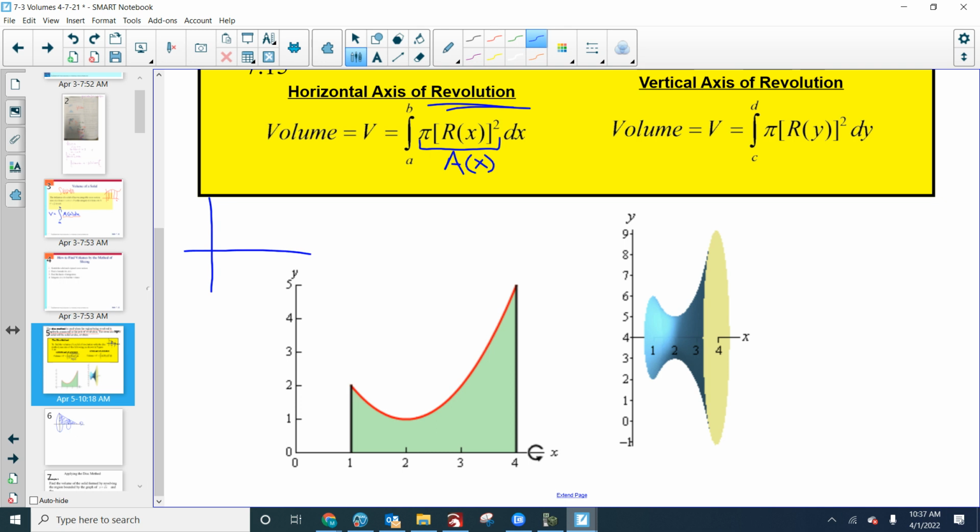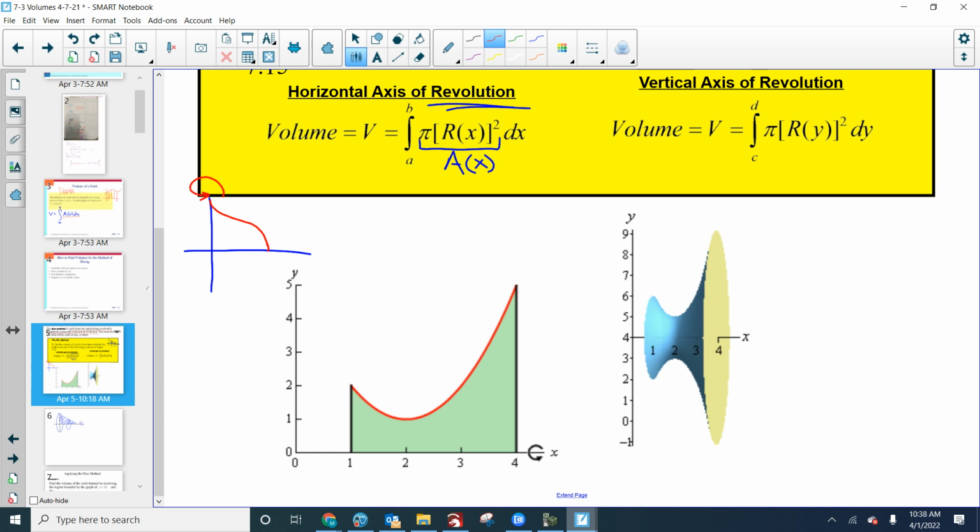Do you agree? If we had some function that went like this, I could revolve it around the x-axis and get that bell. Or I could revolve it around the y-axis and get something a little bit different, maybe a Hershey Kiss. See it? So it depends. Now, if you're doing R of y, eyes up here.